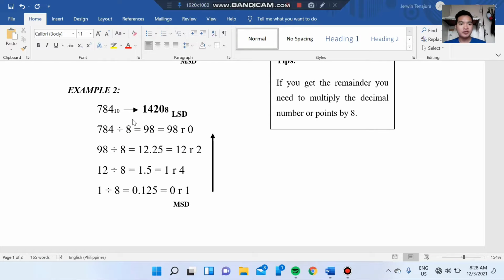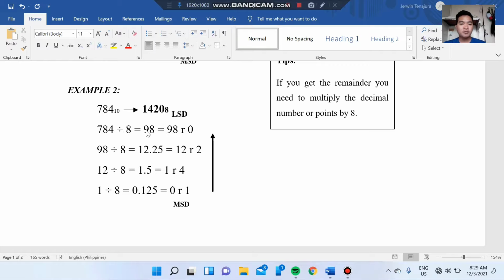Okay, I have here example number 2. The given number is 784 base 10, because 10 is represented as a constant decimal value. So, same procedure. The first step would be we need to put here the 784 and divide it by 8.